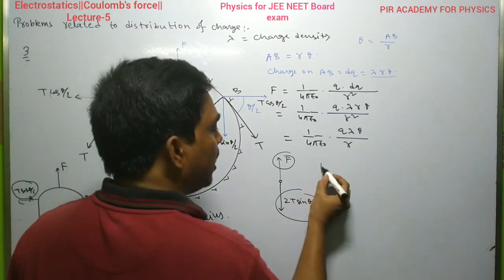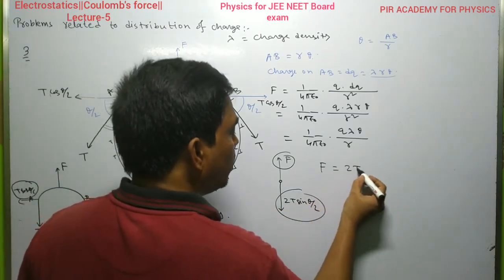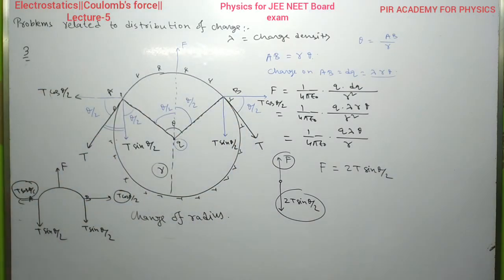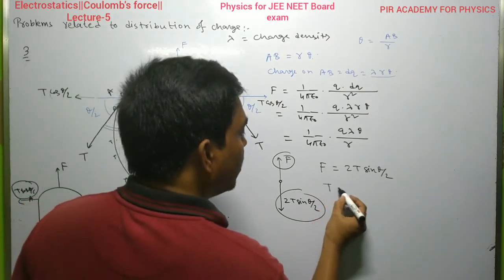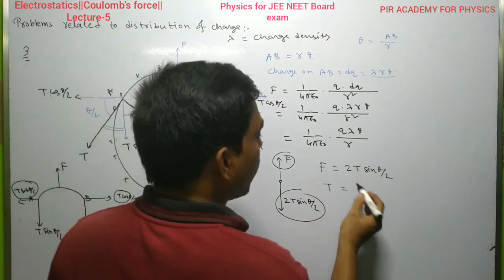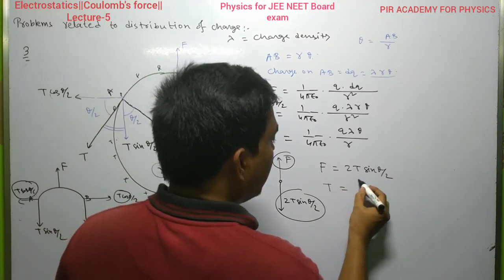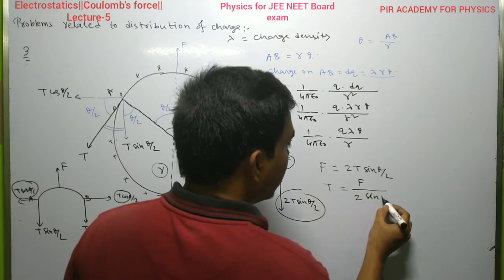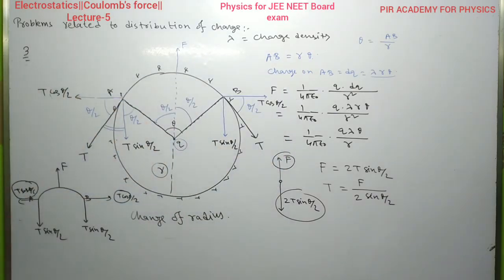So F equals 2T sine theta by 2. So what will be T? T will be F divided by 2 sine theta by 2.